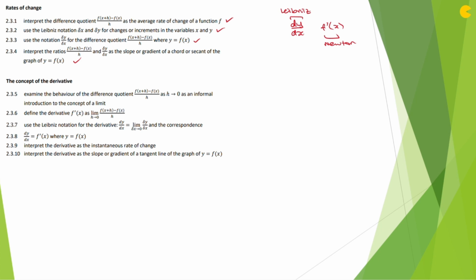We also had a look at a difference quotient as h tended towards 0 or delta x tended towards 0. We interpreted the derivative as the instantaneous rate of change of the function f of x at the point x, and also determined the slope of the gradient of the tangent line of the graph.